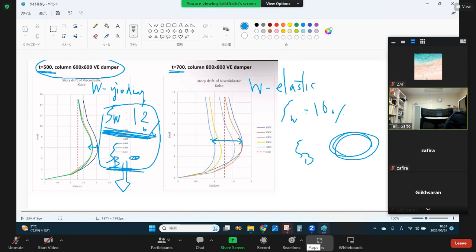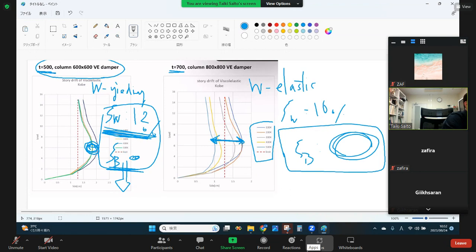That's why if you change the beam capacity, the result doesn't change so much. However, in the right case, the contribution of the coupling beam is large. So if you change capacity, the result is different.